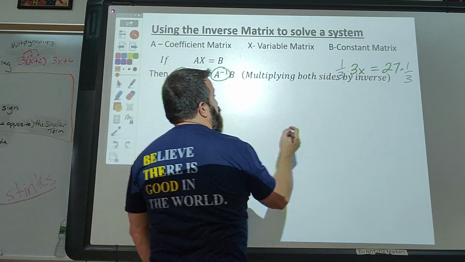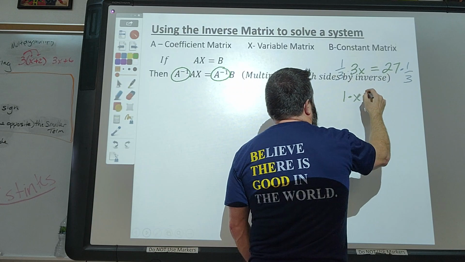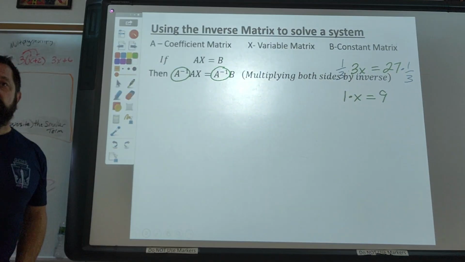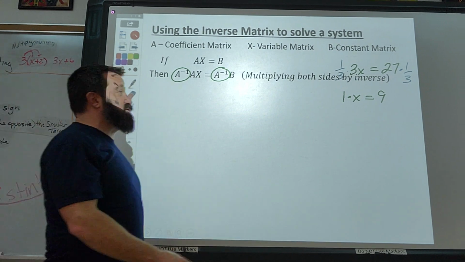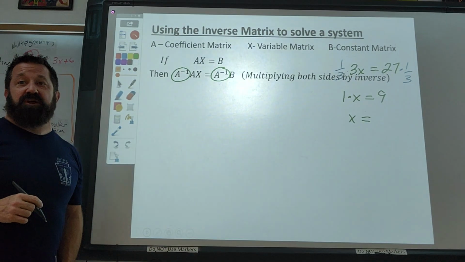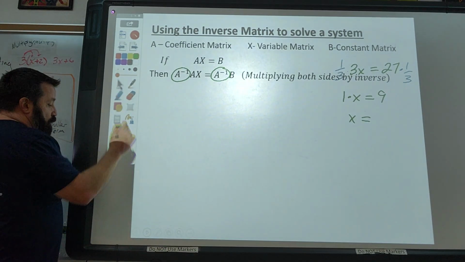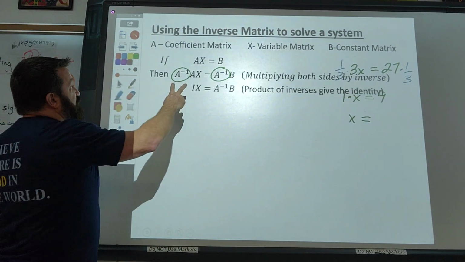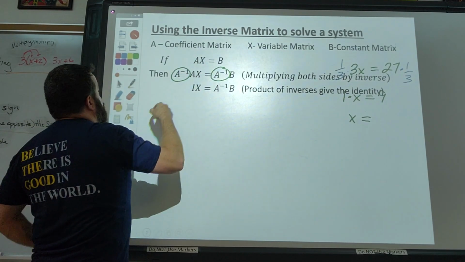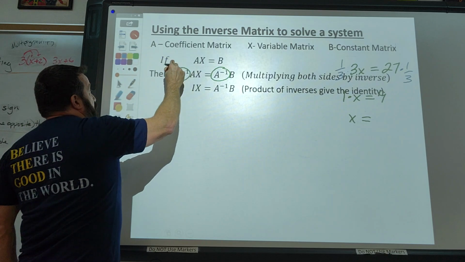It is 1, right? So you get 1 times x equals 9. But you don't leave it as 1 times x, do you? You take 1 times x and you get that just to be x. Well, that has a special name too that we talked about the other day. That's called an identity. So what happens is, on this left side, when you multiply by the inverse of matrix A on both sides, these two things combine.